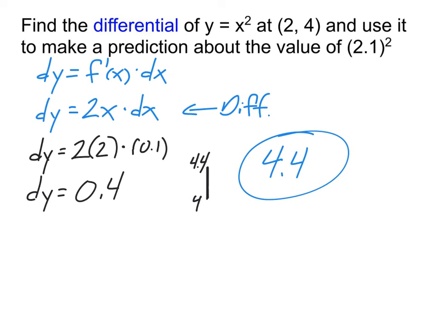So that's why it's at 4.4, because it told me that I start at 4 and go up 0.4. The dy is telling me if I go over 0.1, I'm going to go up 0.4. And I can always find the original value by actually doing that 4 plus that 0.4. And I can get that same value that I was looking for if I'm just looking for an estimate.